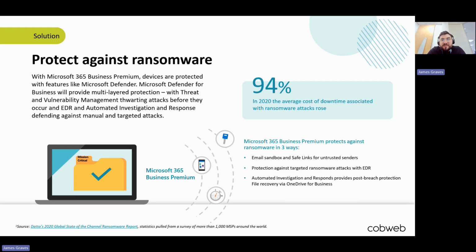But using the Business Premium license and your Defender for Business license that comes within that, the devices were protected with features like Defender for Business, which provided multi-layer protection. So with threat and vulnerability management, they basically thwarted the attack before it could even occur. And the EDR solution, that extended detection and response, and the automated investigation aspect of that basically defended against the manual and targeted aspects of that.